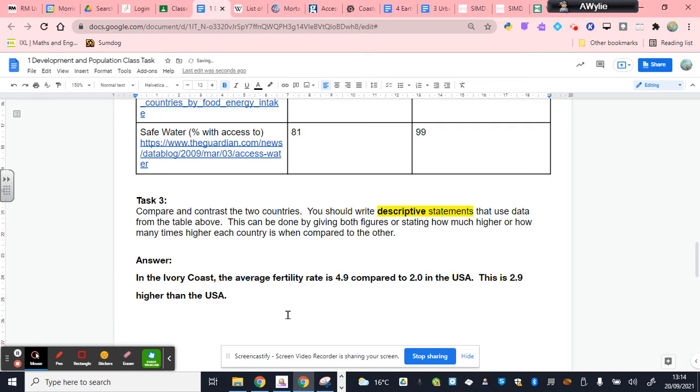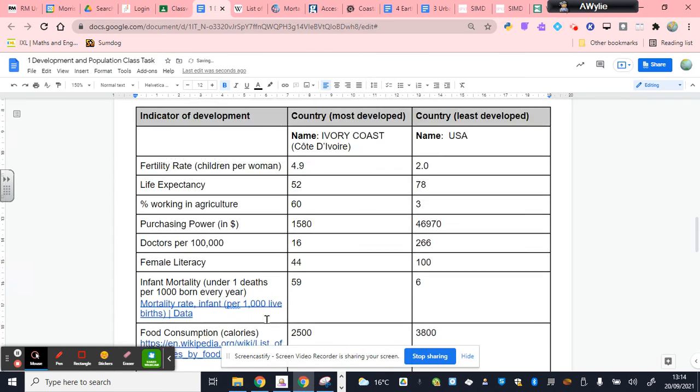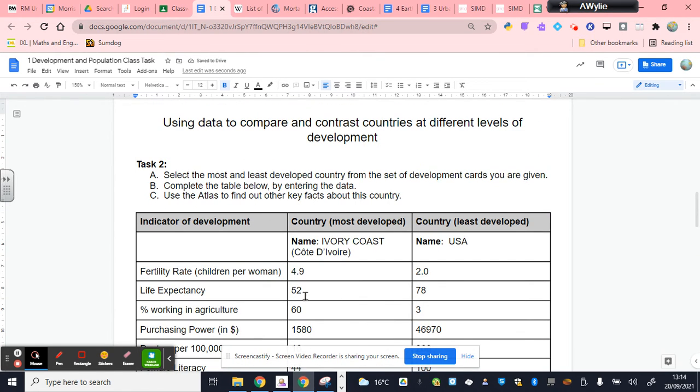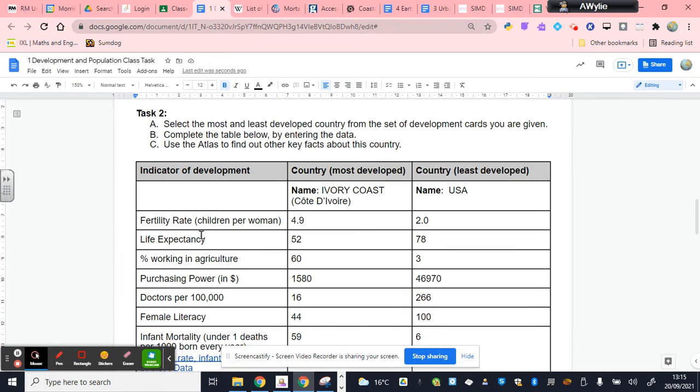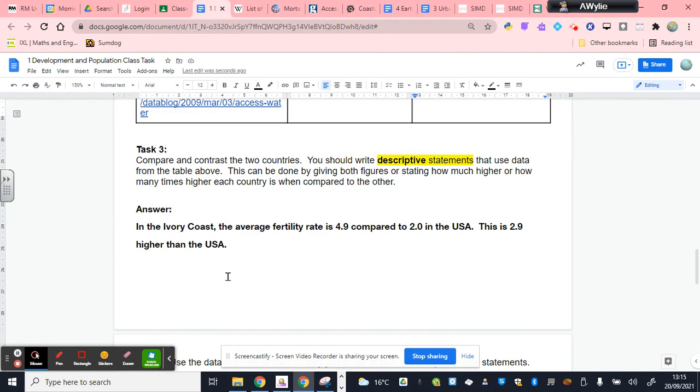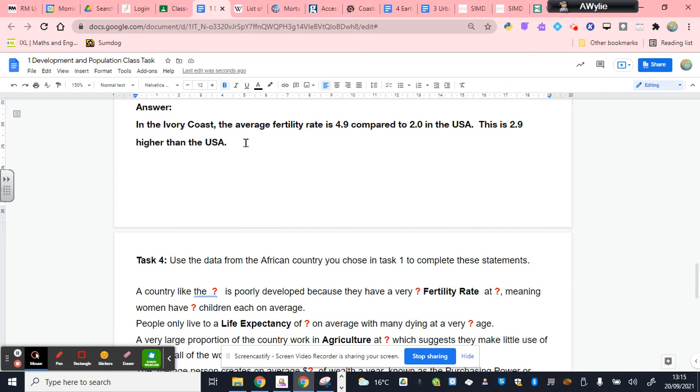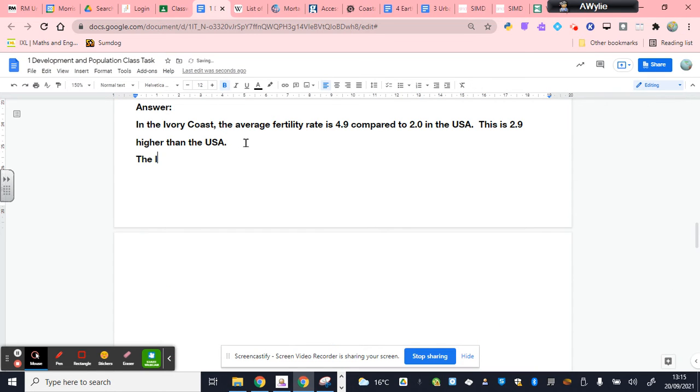Okay, let's just try that again. Let's pick the second one. Let's say we will think about life expectancy. So if we just have a look at life expectancy, it's 52 in the Ivory Coast, it's 78 in the USA. 52 and 78. So we need to just write the life expectancy in the Ivory Coast.